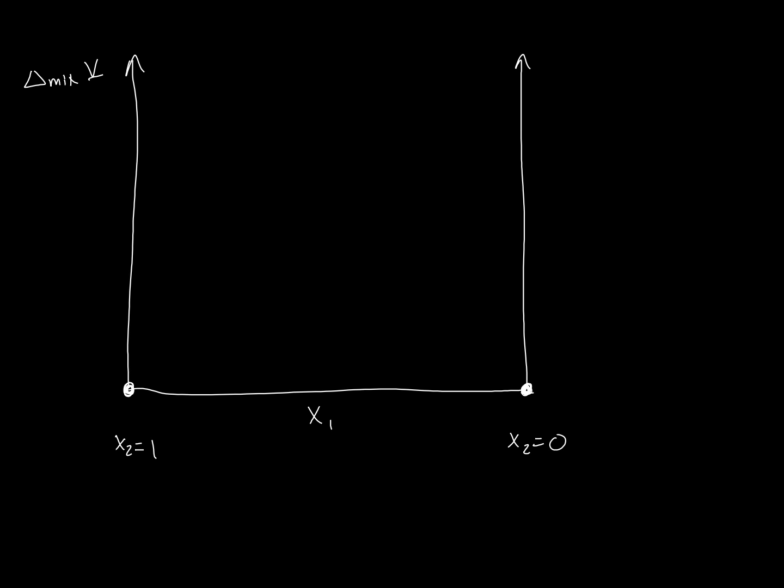Because I can have no volume change of mixing if it's a pure species. And let's just say, for example, we have measurements that look like this. Doesn't look too bad. I mean, there's maybe a couple data points that are a little bit off.